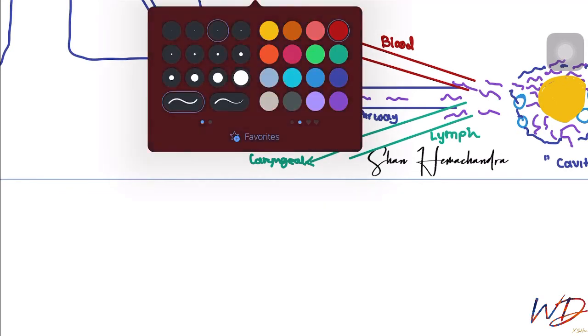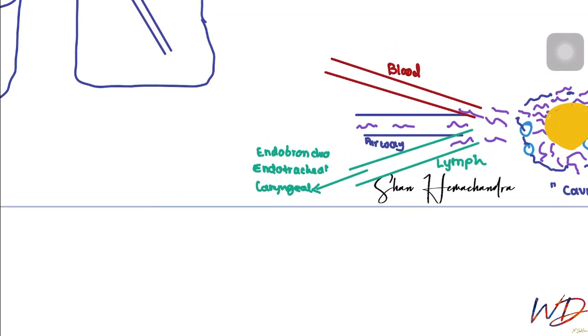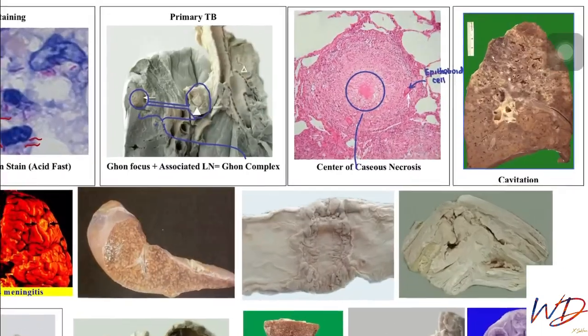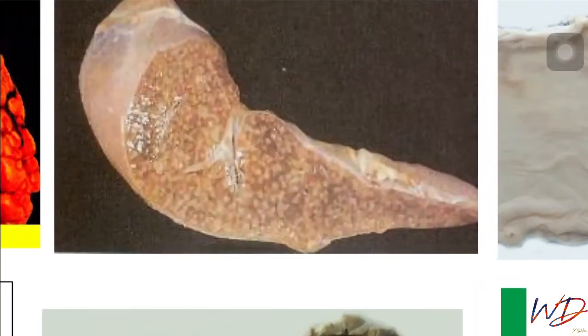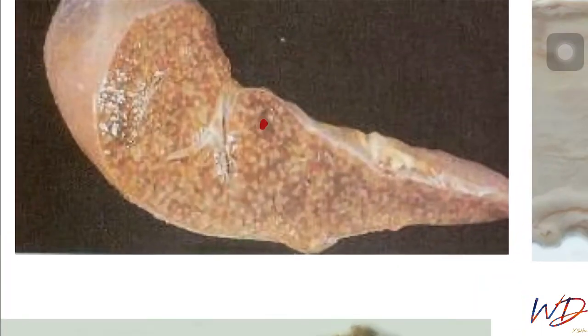Finally, if it goes through blood, it is a condition called miliary TB. Miliary TB. The reason for that is the shape in which these lesions occur. Look at this. This shape is what gives it the name.